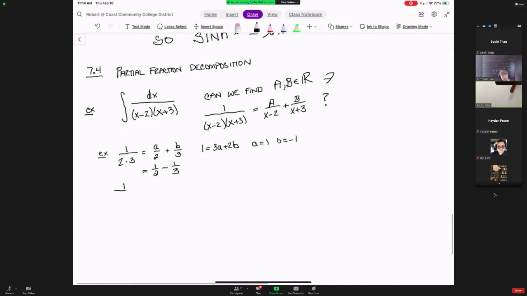What about 1 over 12? One way we could think about 12 is 3 times 4. Can we write this as a over 3 plus b over 4?